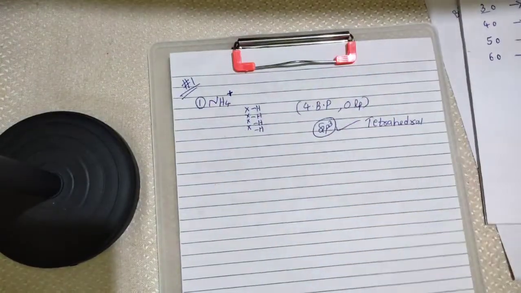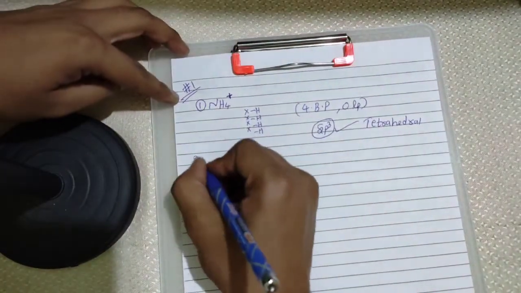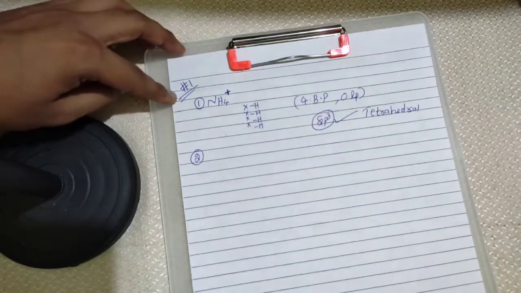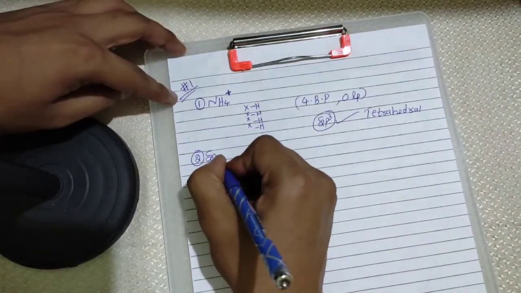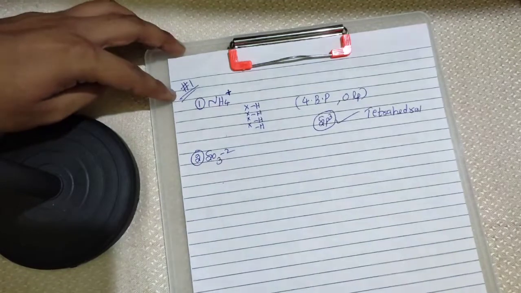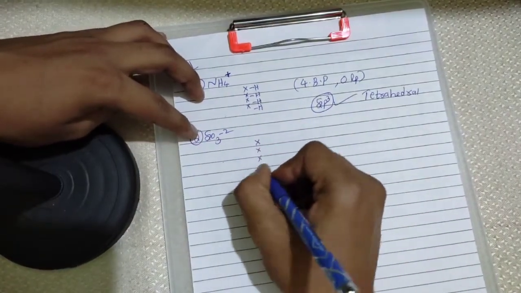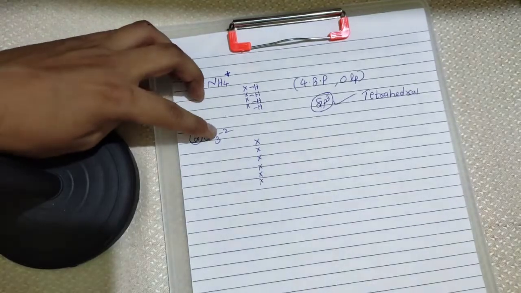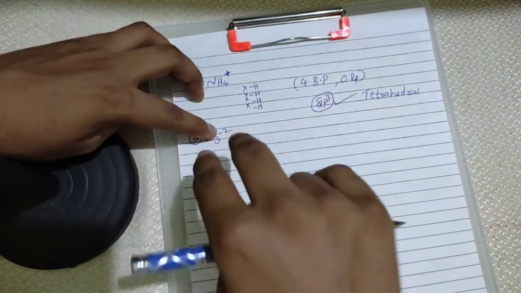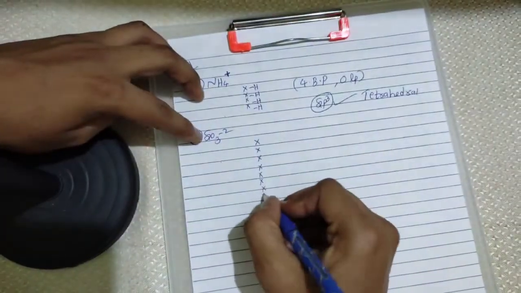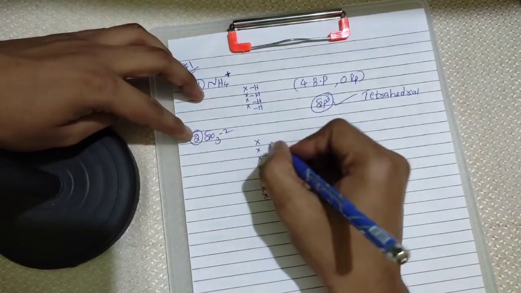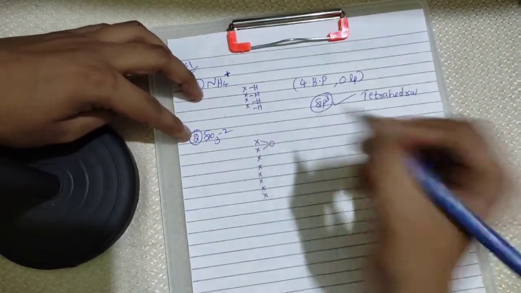Let's go to the next example: SO3 2-. How many electrons do we have in sulfur? 6, right? 1 2 3 4 5 6. But here we see minus 2, which means 2 more electrons are added, so add 2 more electrons. Now oxygen uses 2 arms.